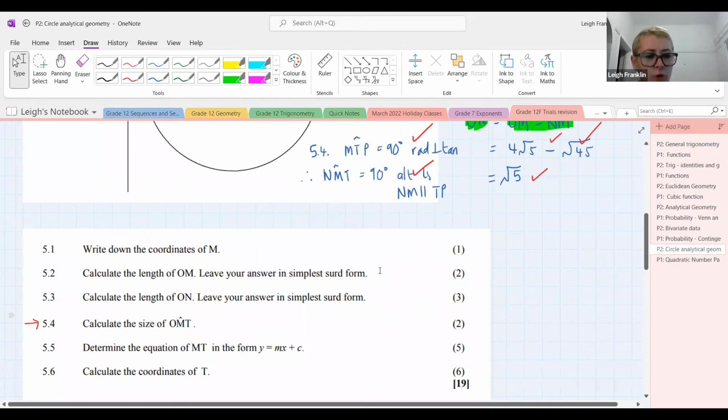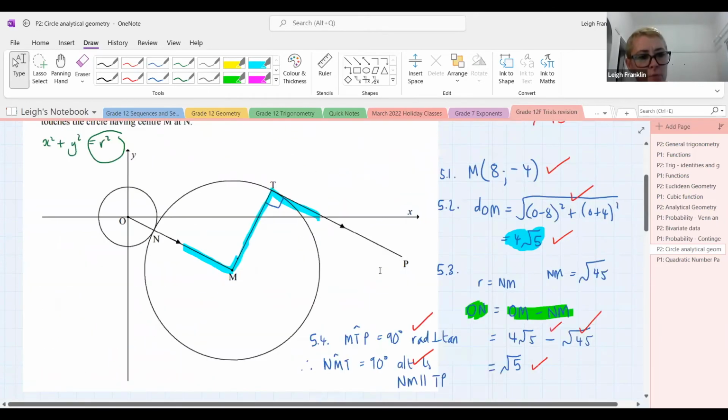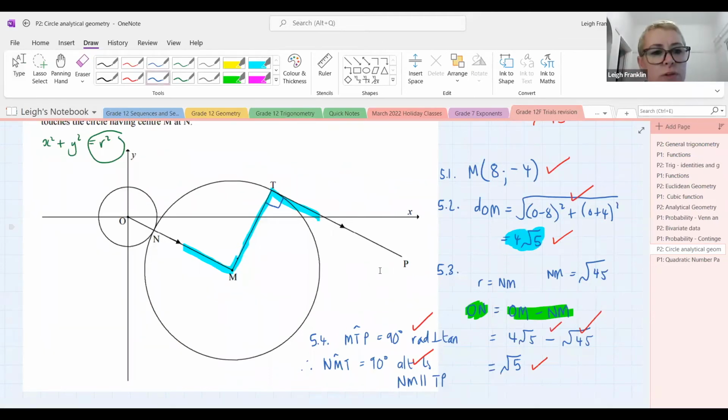Okay, so now they want from us the equation of MT. What does MT represent? MT is the radius of the larger circle.